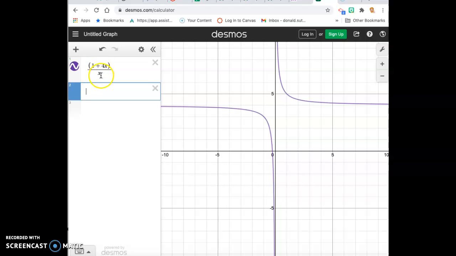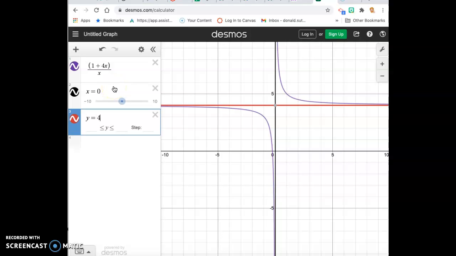The vertical asymptote is at x equals 0. Yep, right there. You can see the purple curve gets really close to that black line. And I've got a horizontal asymptote at 4. I had that constant of 4, so we're going to say y equals 4. Yep, there it is. I can see the purple curve gets really close to the red line. So we can identify those asymptotes pretty easily.